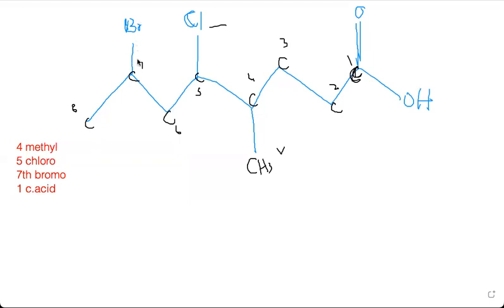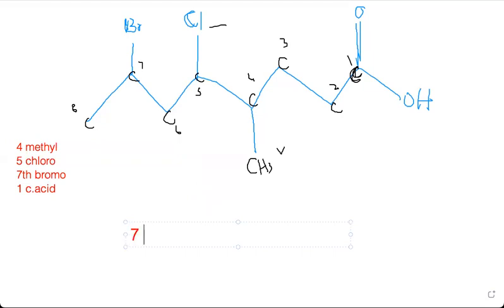The name of the chain could be octane. But before that, bromine. B comes first.